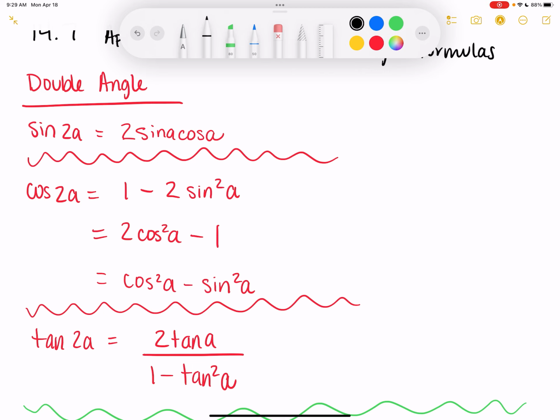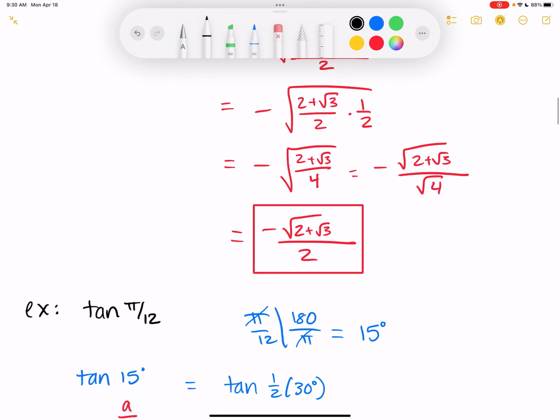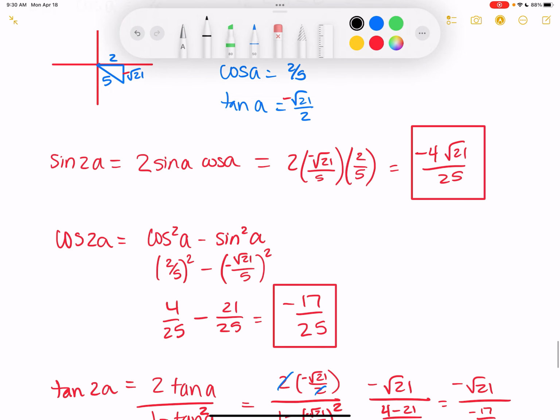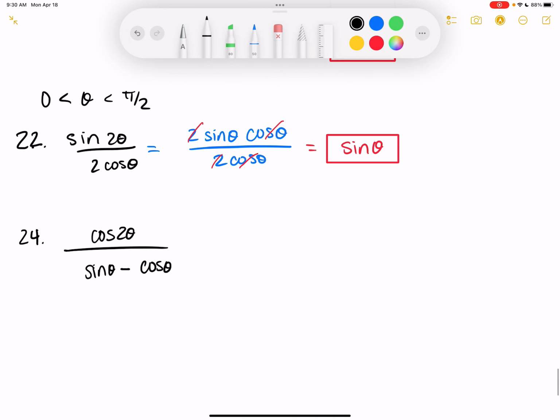I'm going to use cosine squared of A minus sine squared of A whenever I get back to where we are. There we go. So I'm going to rewrite the top as cosine squared of theta minus sine squared of theta over sine of theta minus cosine of theta.